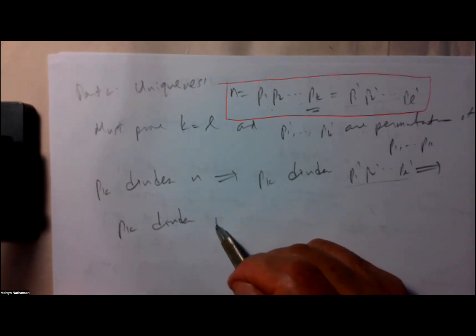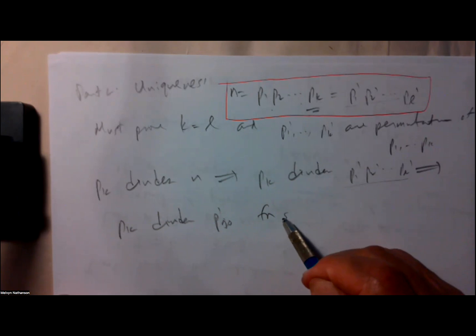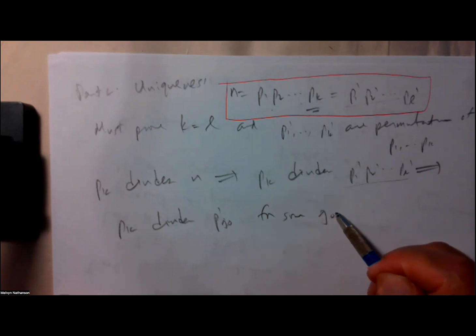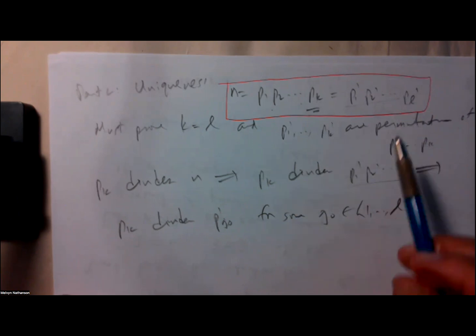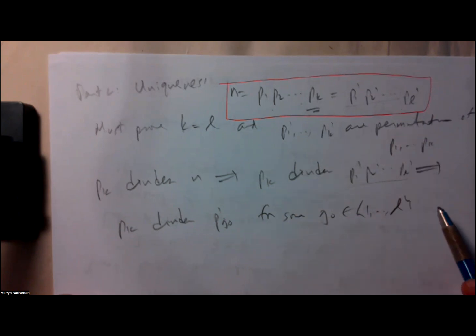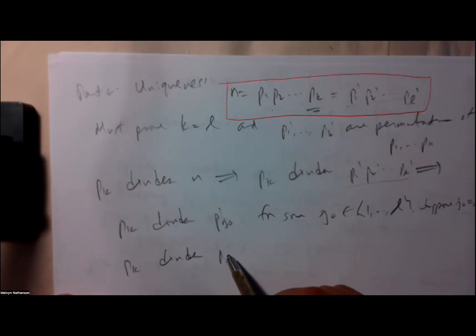So p sub k divides, let's say, p prime sub j naught, where j naught is some integer between 1 and l. And just to make the notation simpler, we can suppose that j naught is just equal to l. So we have p sub k divides p sub l prime.